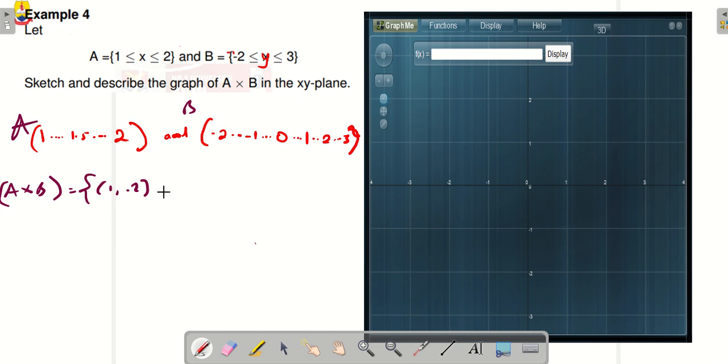We can also have (1, 0). We can even have (1, 3). I'm not listing all because we can't list all. We can also have (1.5, -2). We can even have 1.5.